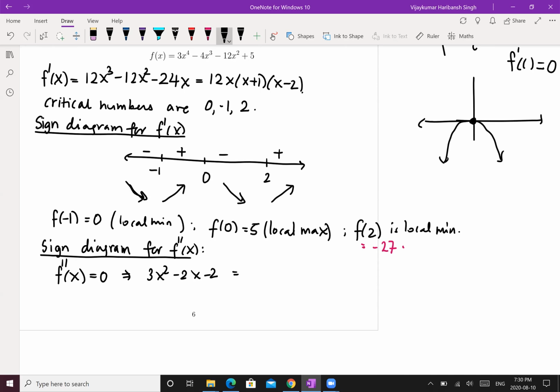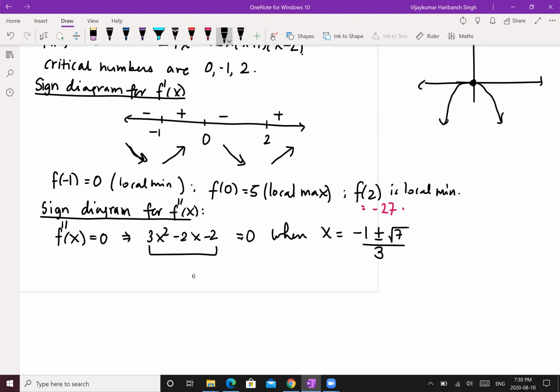We need to solve this, but you see that there is no root which can be found by splitting the middle term, so you'll have to use the quadratic formula. So the roots are x equals (minus 1 plus or minus root 7) divided by 3.